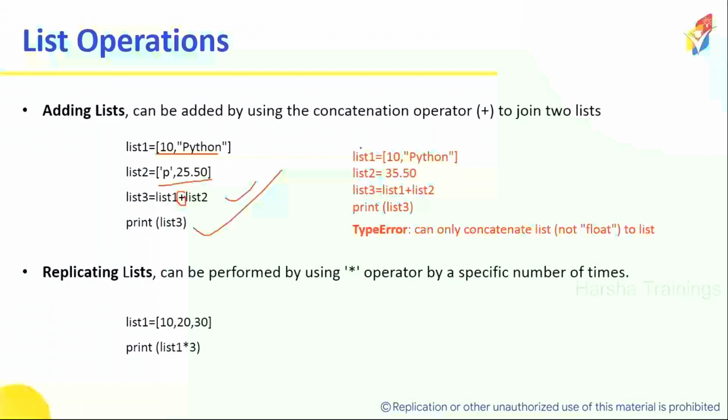For example, if I want to concatenate a list with an integer or a float, it is going to generate a type error: can only concatenate a list with another list. You cannot concatenate a list with a float, and you cannot concatenate a list with an integer. Whenever you try to do this, it is going to generate a type error. Clear?